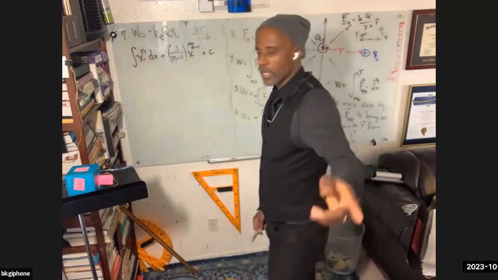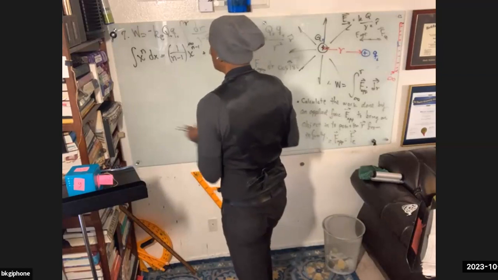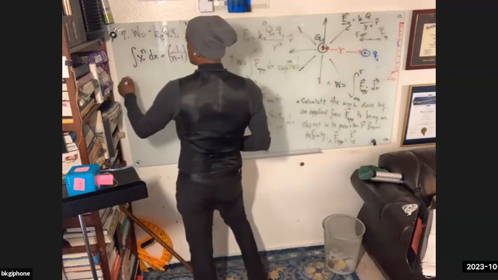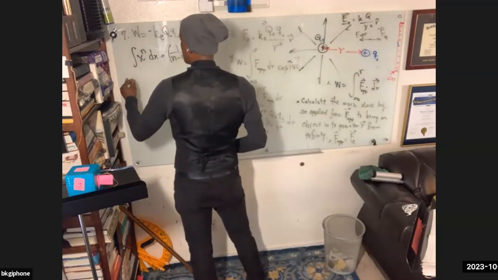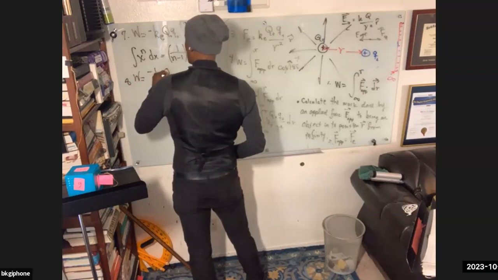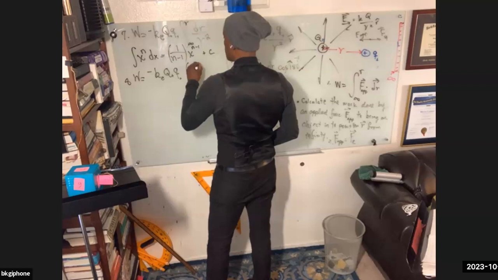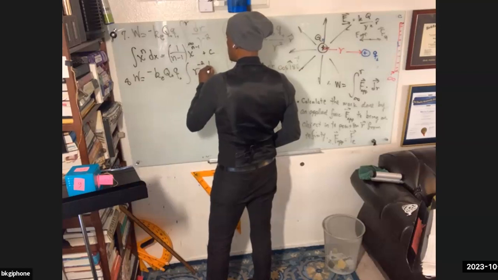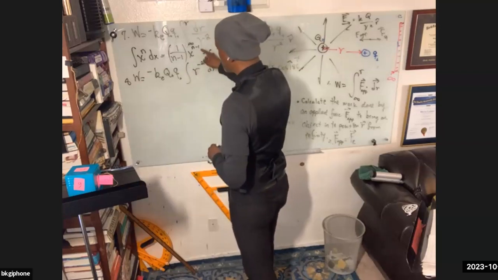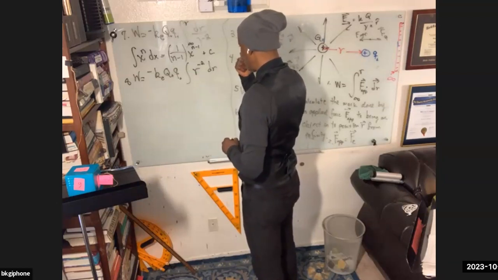So let me show you where they get that equation from. It's just doing this integral. So now the work is equal to minus k_e q plus q plus, but then I've got the integral basically of r to the minus 2 dr. So if I just apply this formula, do the integral.